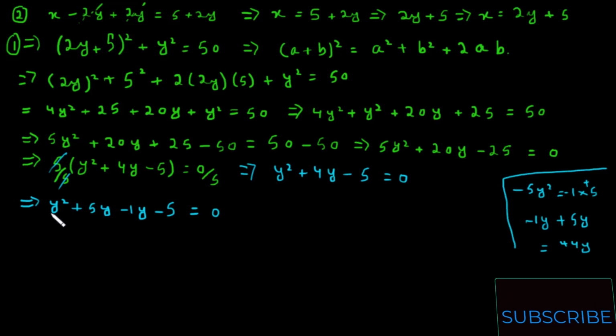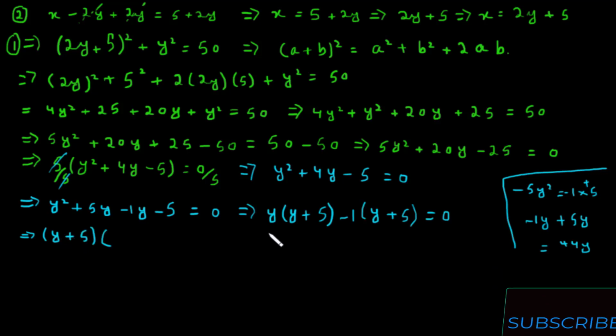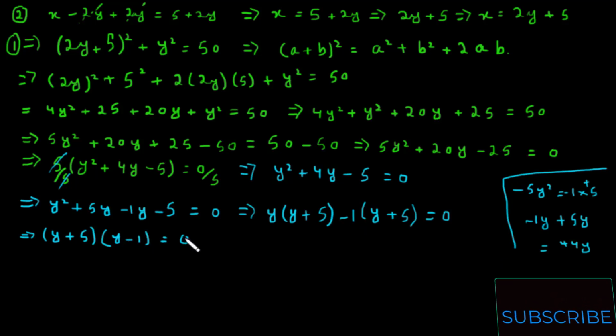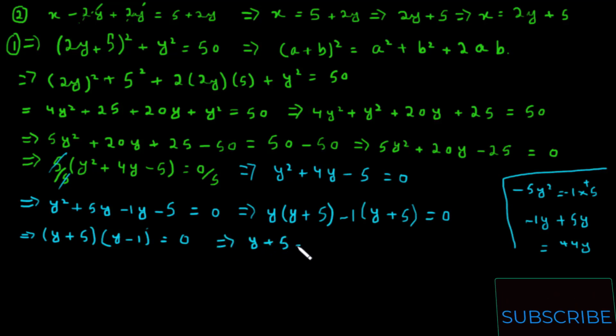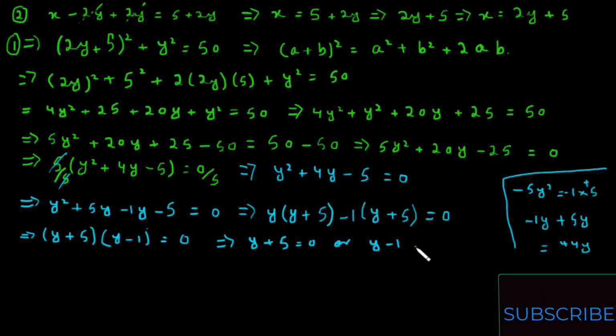Now we have to make groups of the first and second terms, and the last two terms. Taking common y from these two, so y times (y plus 5), and with the other two we are only left with minus 1 times (y plus 5), which is equal to 0. Now we need to understand that when the product of two factors is equal to 0, then at least one of them must be equal to 0. So this shows that y plus 5 is equal to 0 or y minus 1 is equal to 0.